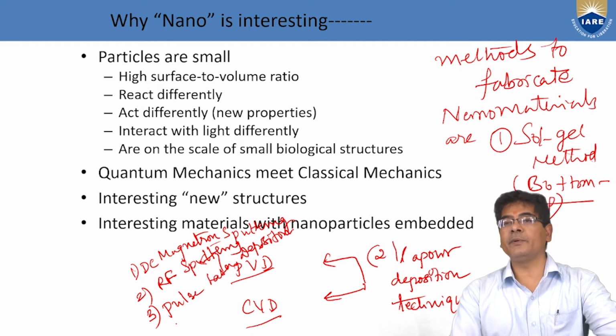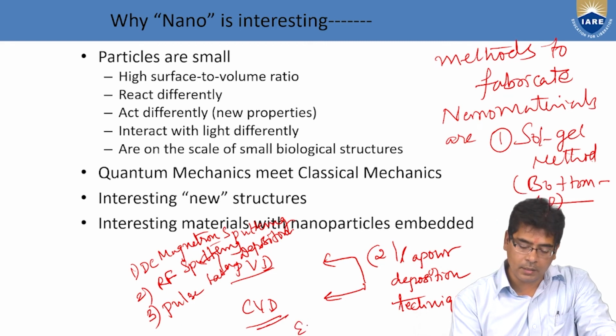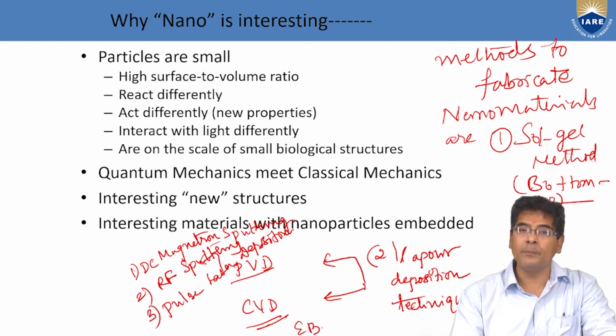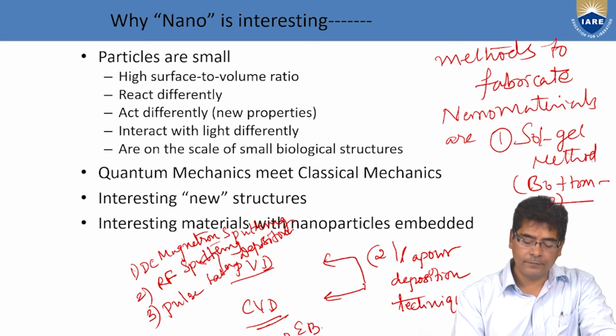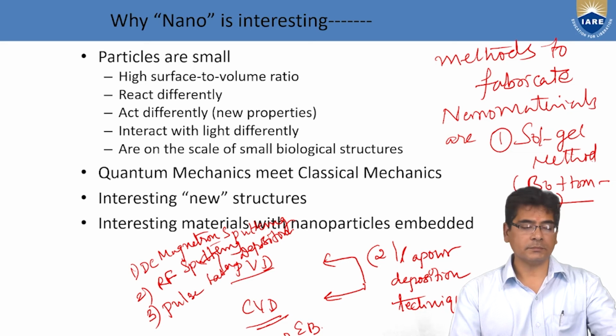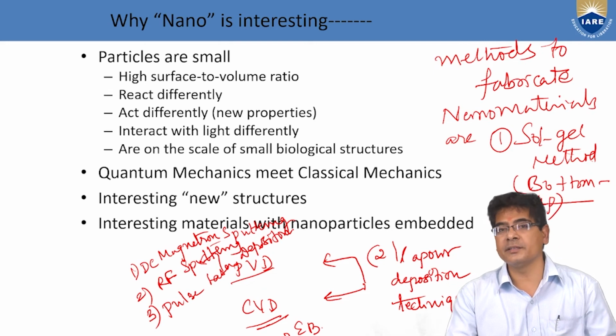When we come to chemical vapor deposition techniques, they include the E-beam technique, that is electron beam evaporation, and synthesis, that is, vapor chemical reactions.